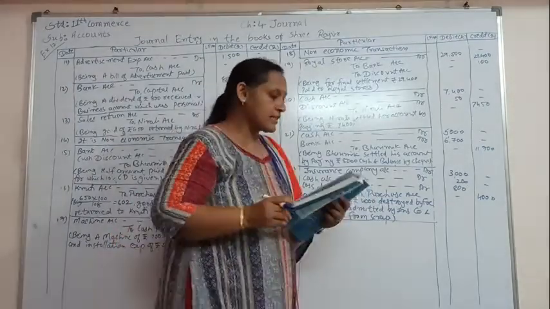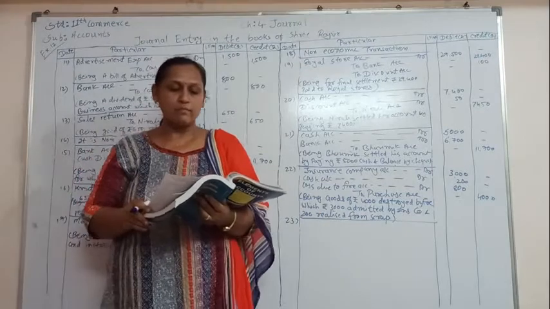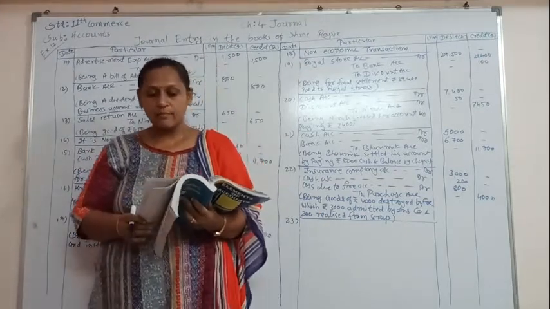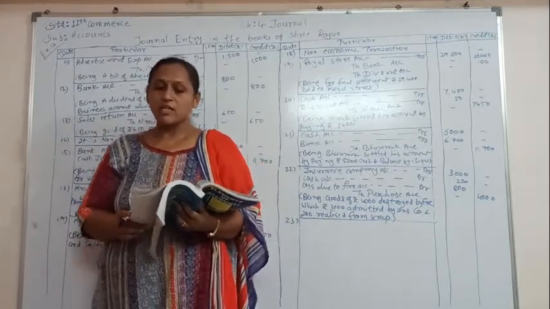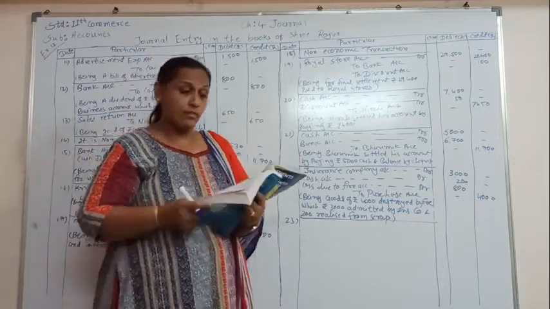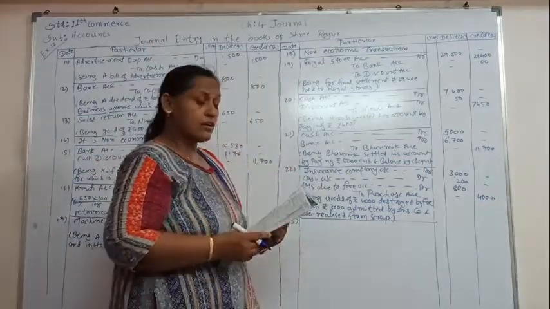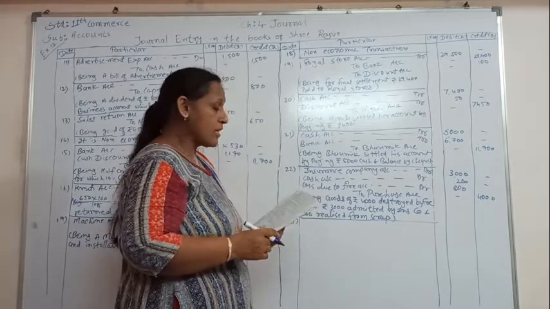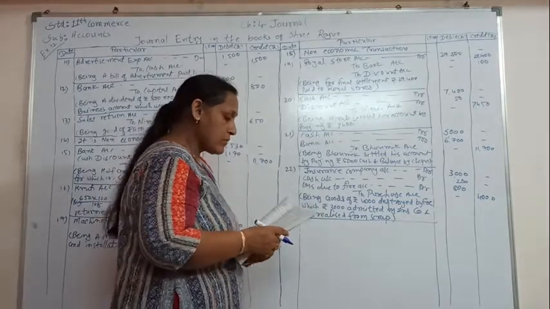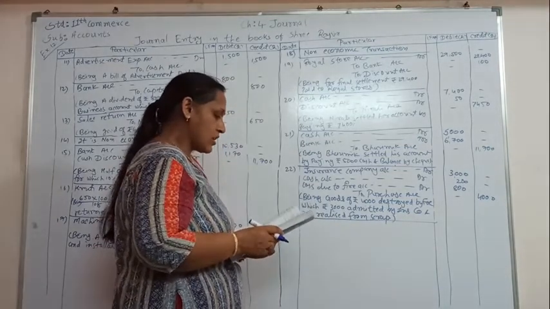Here they are telling us that to earn a profit of 20% on selling price, goods of rupees 5,000 sold. So here we are earning profit on selling price. So we need to calculate, but before that let's pass the journal entry.